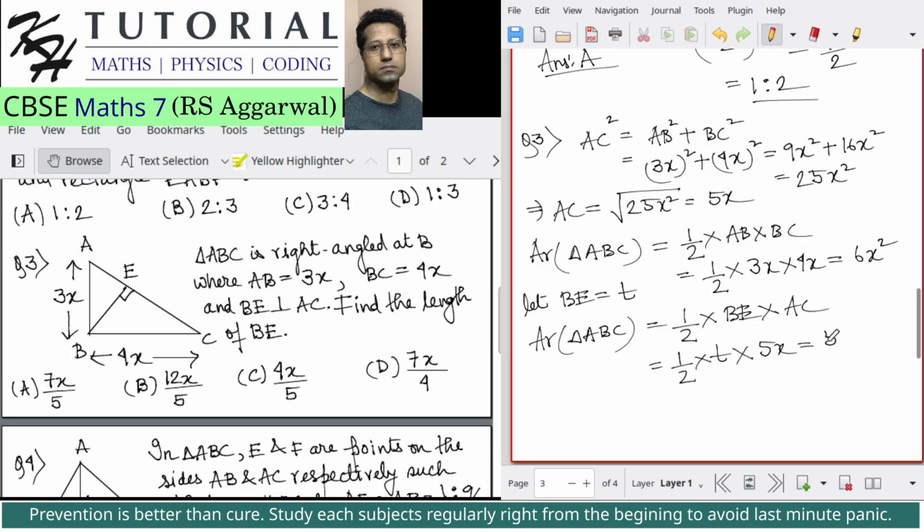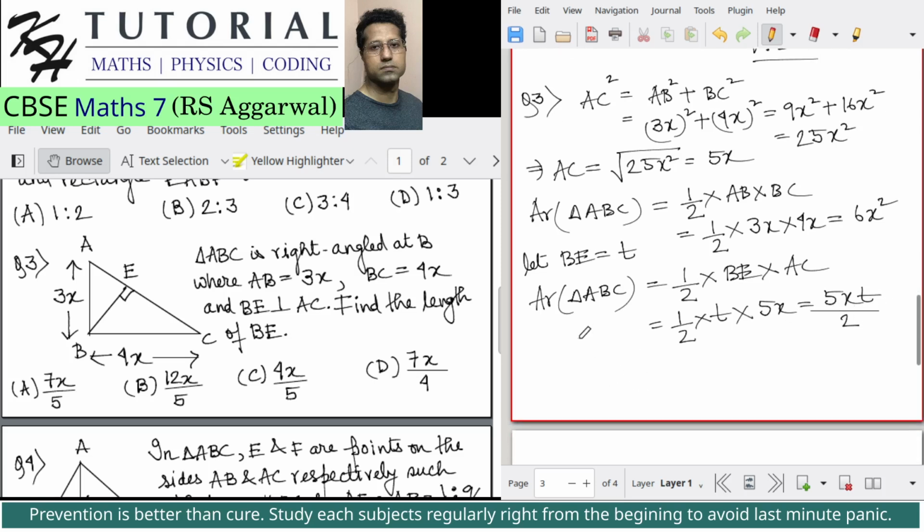This is equal to 5xT by 2. So now we need to find T. We now have 6x square as the area of triangle ABC, and also 5xT by 2 is the area of triangle ABC.